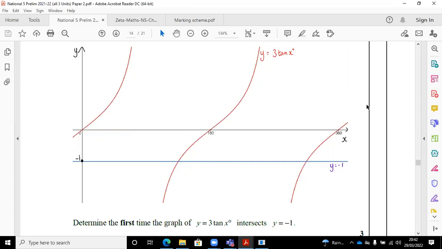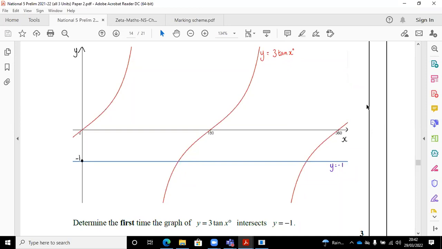It can come up on parabolas and it can come up on your trig graphs. So understanding how to find the point of intersection is really, really important. This can happen in sine graphs, tan graphs, cos graphs, straight line graphs, or parabolas.